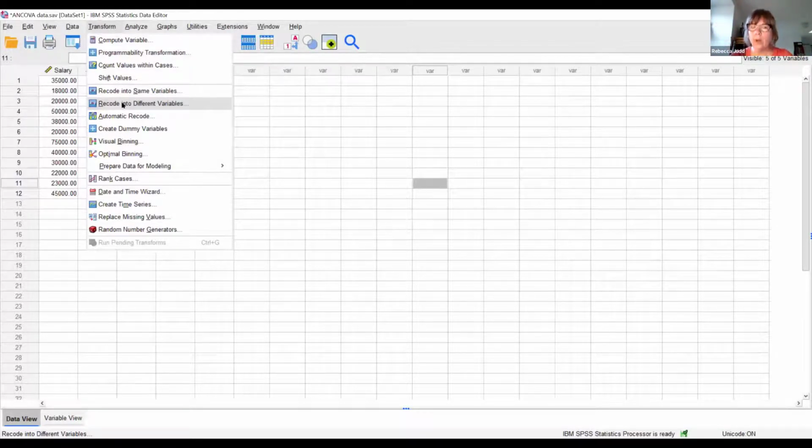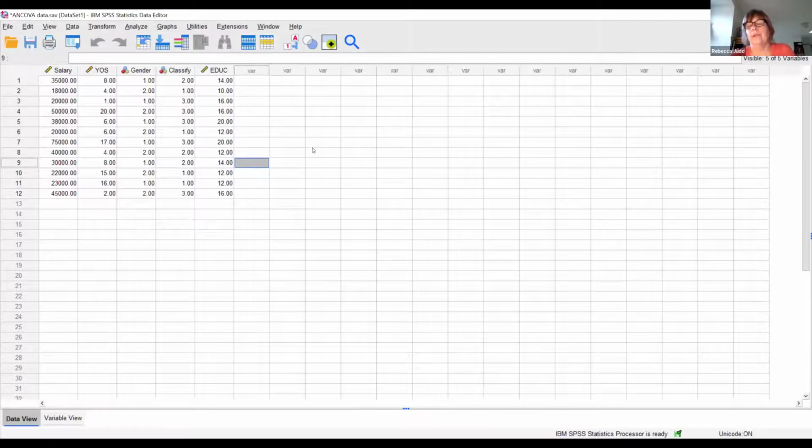I recoded that into different variables using this. SPSS is really powerful. There's so many things you can use in here to run your data, but it's just a matter of playing with it and learning it, to see what works. Any other questions related to ANCOVA?